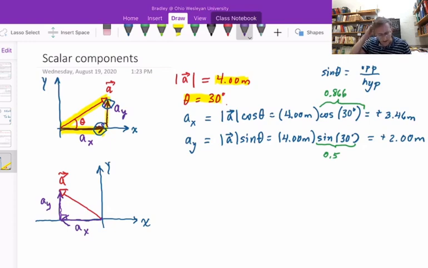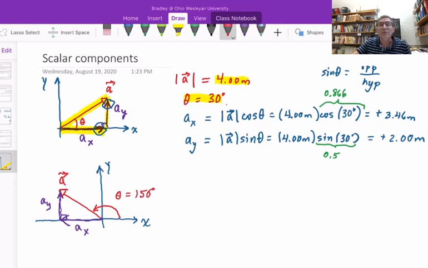But now let's label angles very carefully. The angle theta that I said was 150 is measured from plus x counterclockwise. So I'm going to denote it by that. Actually, you know what I'm going to do?